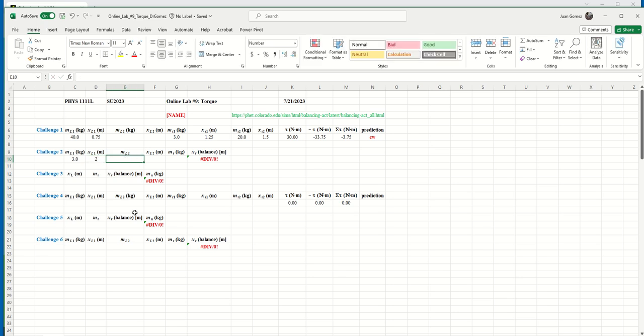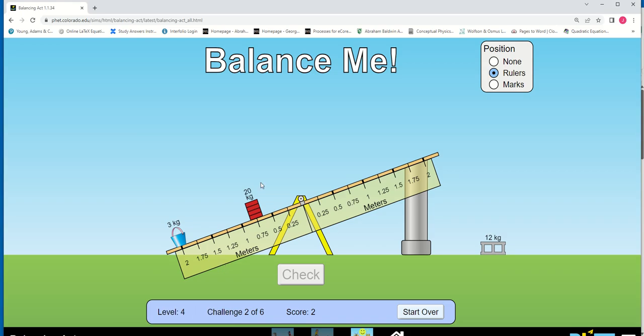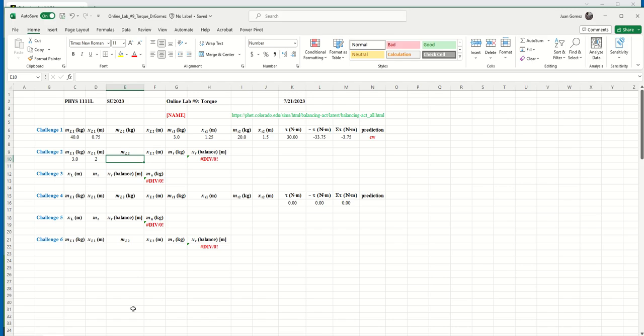Now let me enter the second mass. The second mass is 20, and it's located at 0.75. See that? 20 and 0.75. Now watch what happens.